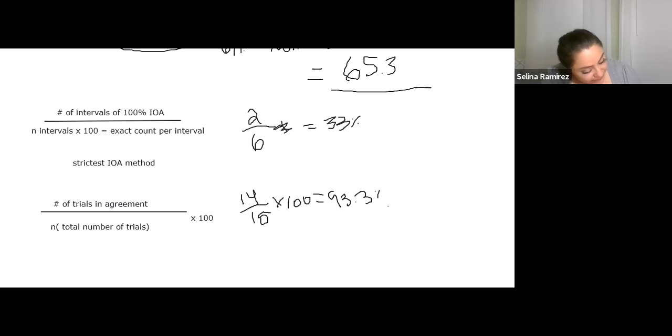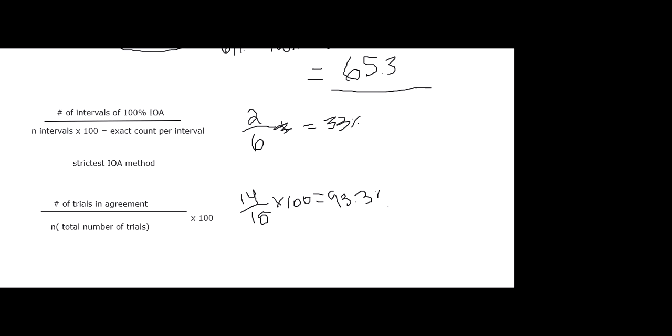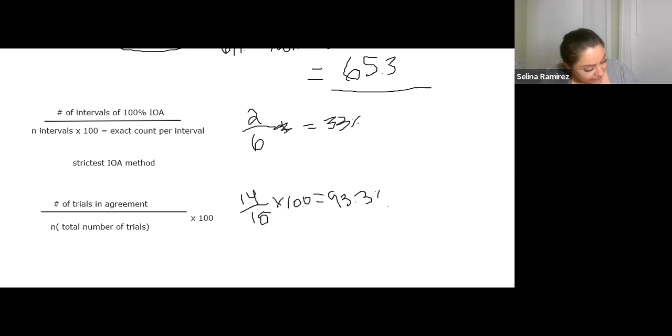Okay, so now it's giving us the example. So 9 trials were scored in agreement out of 20. Yes, so she's right.